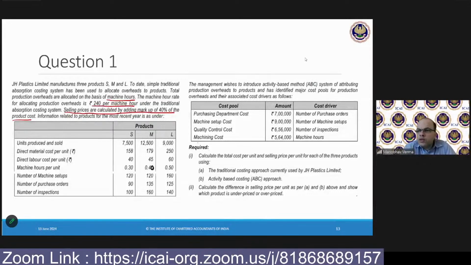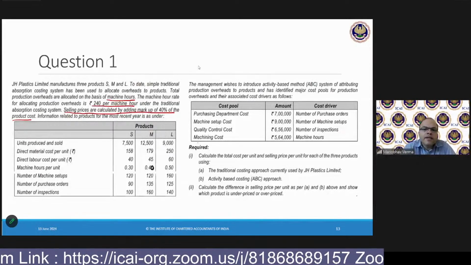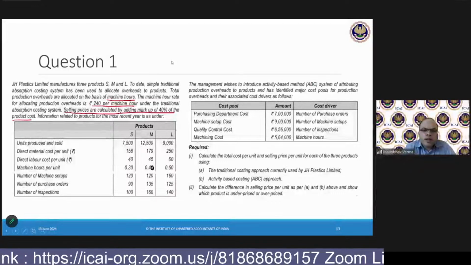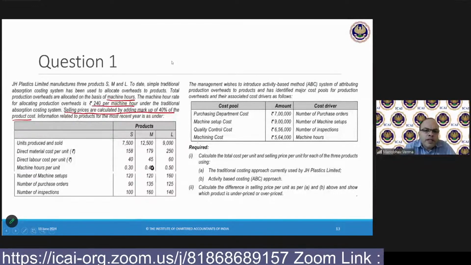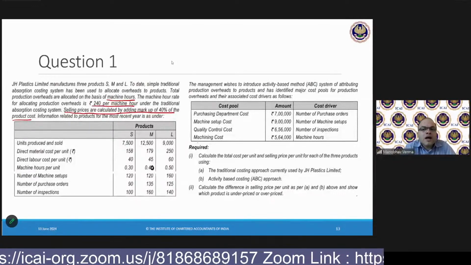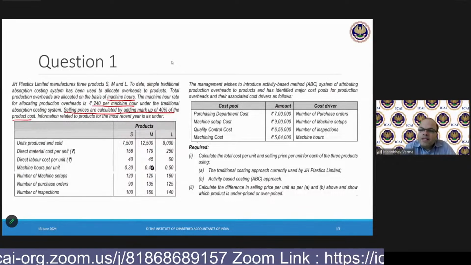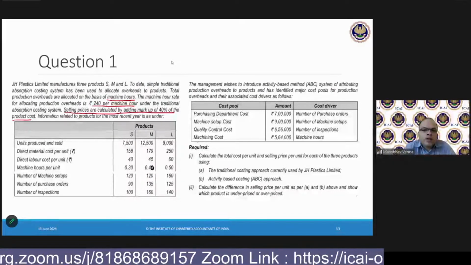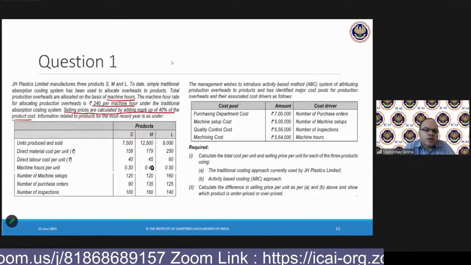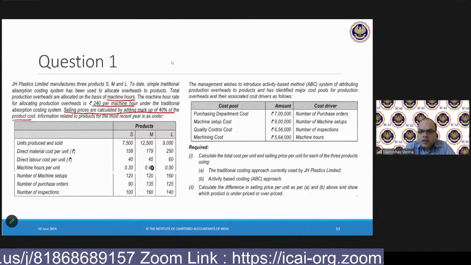Management wishes to introduce an activity-based method, activity-based costing, for attributing these overheads to the products, and has identified major cost pools for production overheads, and their associated cost drivers are given to us.